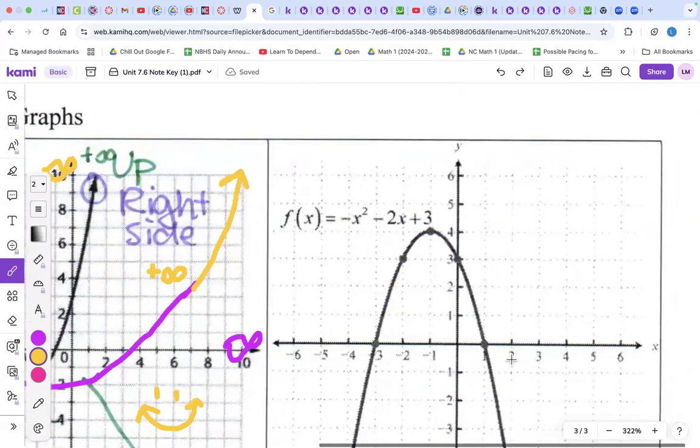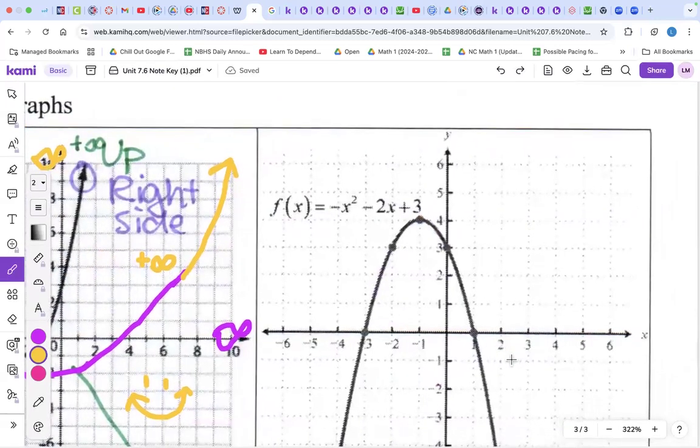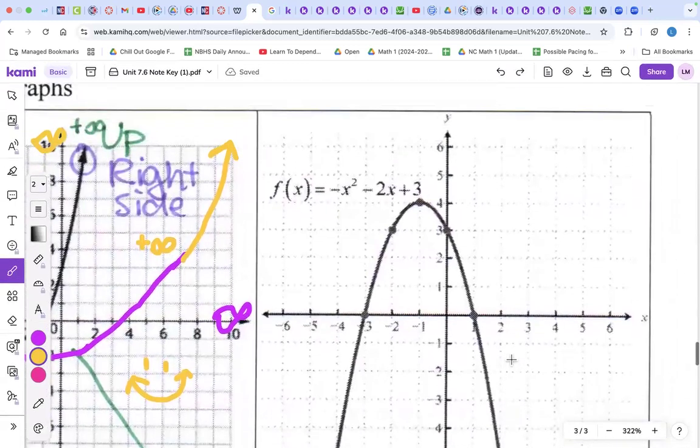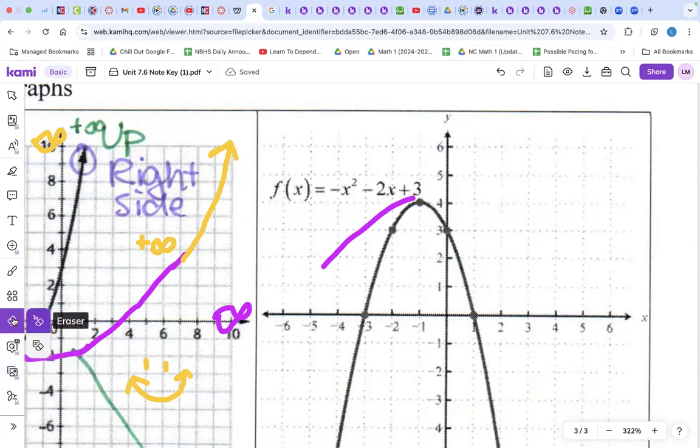Over here, again, let's play with x. X is going this way. And what is that? Negative infinity. Let's get rid of this so it doesn't confuse us. So x is going towards negative infinity.